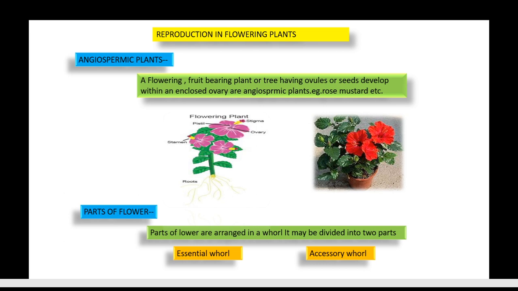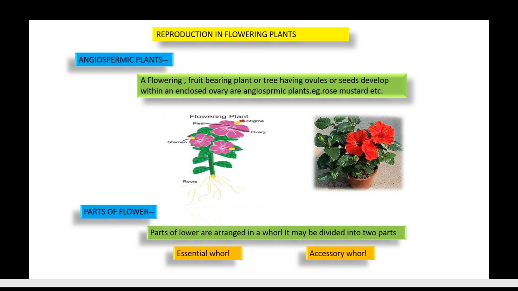So, for the morphological study of a flower, in this slide it is written that there are two parts of flower, and these two parts of flower are arranged in four floral whorls.